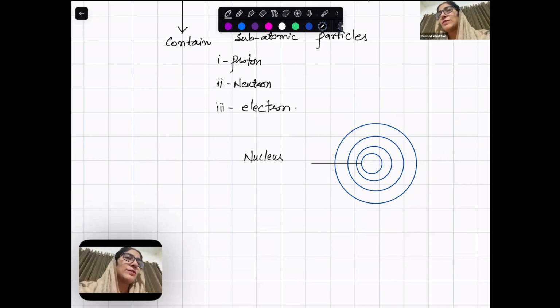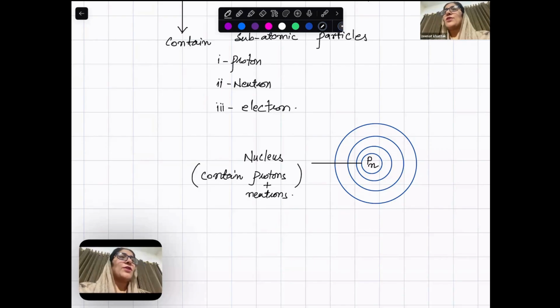Nucleus contains protons plus neutrons. So they are called nucleons, right?